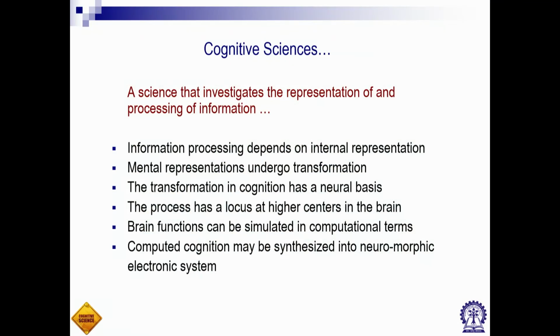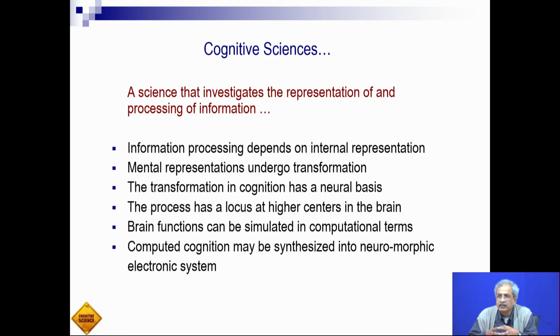So, to begin with, by cognition we believe that it's a representation of something we see, and through this representation the brain develops certain forms of transformation, and those transformations are also being done through certain computations in artificial intelligence, and the computed cognition is synthesized into some form of electronic devices which you call implants.